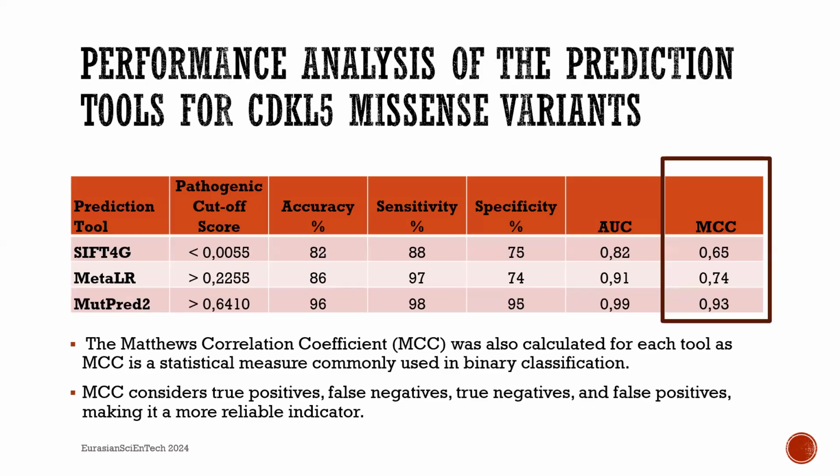We also calculated the Matthews correlation coefficient scores. This is a statistical measure commonly used in binary classification again. And as you can see here, Multipred2 specifically has a higher MCC score, again indicating a more reliable classifier.